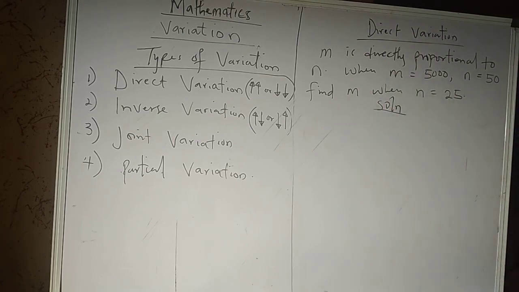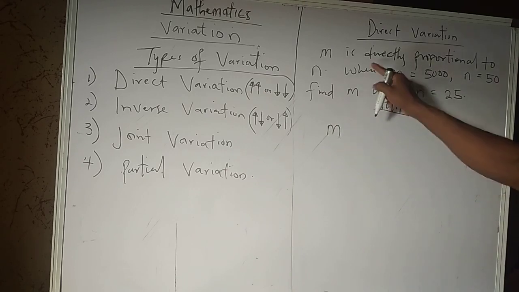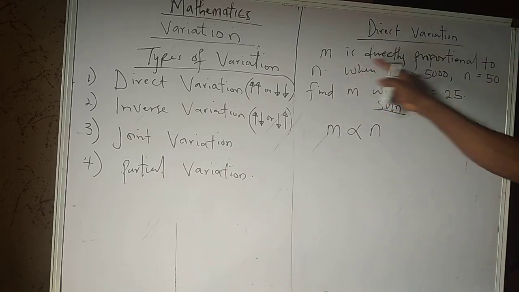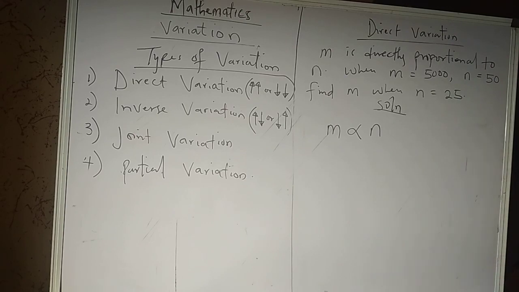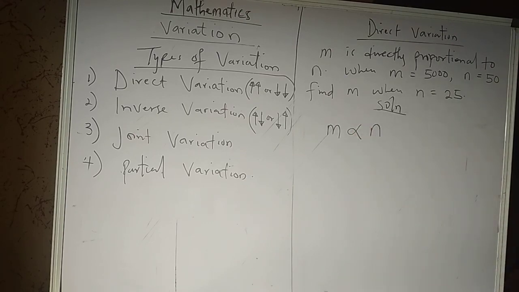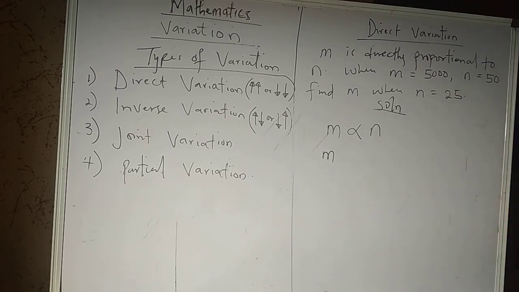So this can be solved, right? All we just need to do is to write this. M is directly proportional to N. This one sentence can be written as this. Now, with this said, remember that our proportionality sign means that there is a constant value somewhere. So we are going to bring in the constant. Of course, we don't know what the constant is.